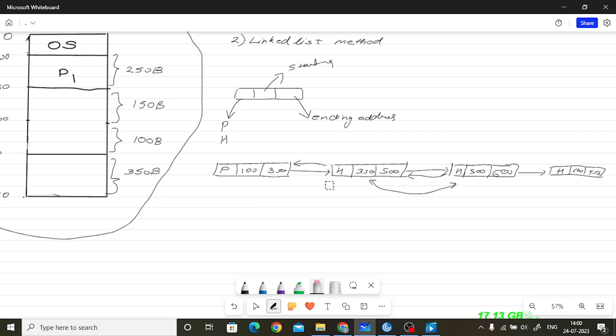So if we represent in this fashion, then we will be able to merge two holes.